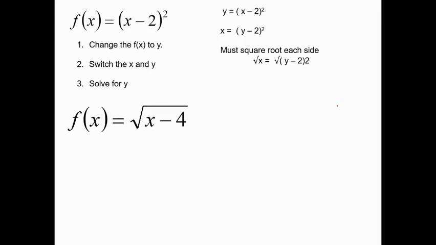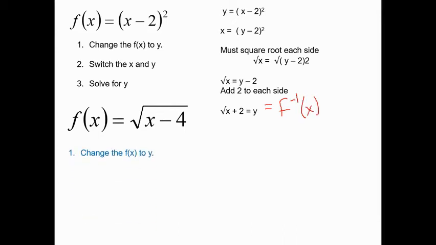In order to do this, we must square root each side. This gets rid of the square, so the y minus 2 is by itself. So I get a square root of x equals y minus 2. I add 2 to each side, and that solves it. And again, remember that the y really is the inverse.